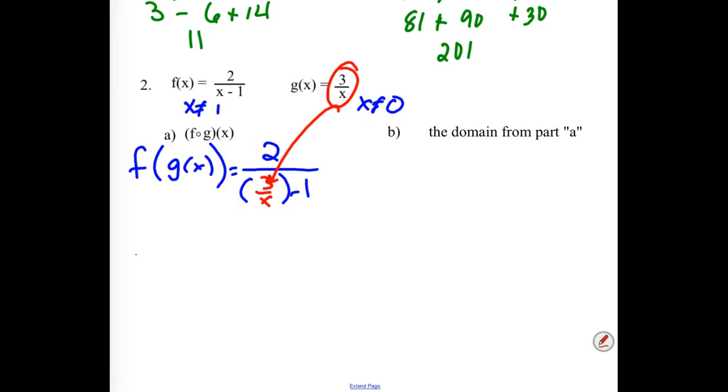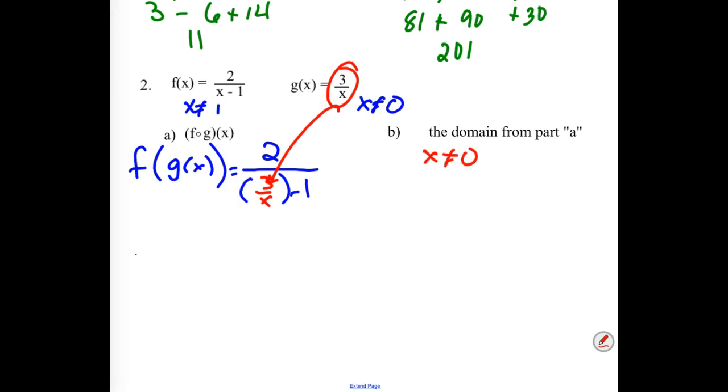So when I look at my domain, I have to look at restrictions on the function that I was dumping in. So on that little red piece, 3 divided by x, what was my domain restriction? So right away I know that x can't be 0.